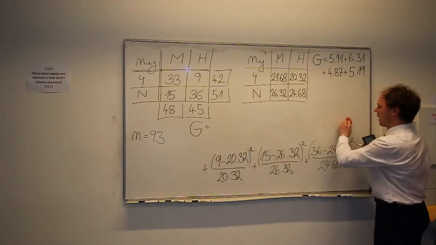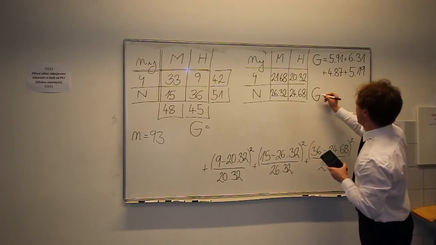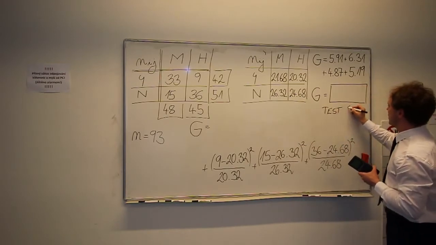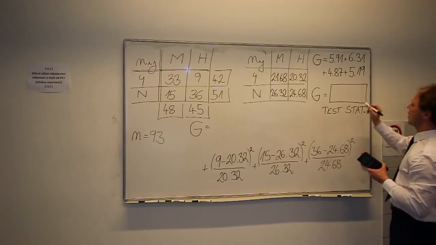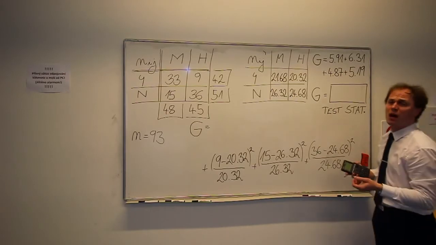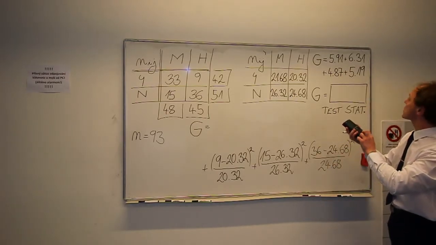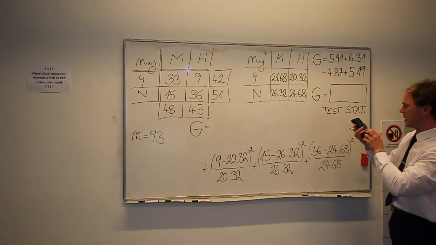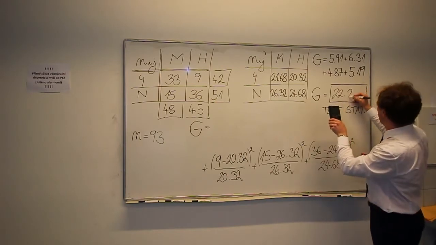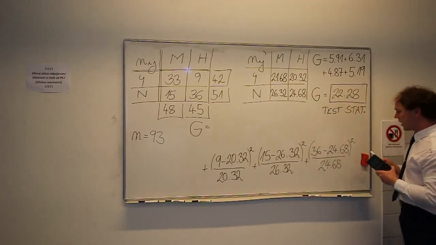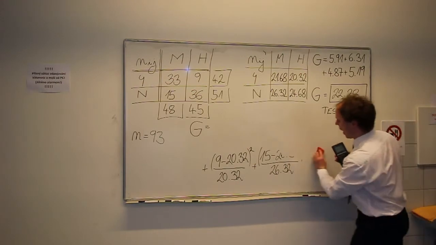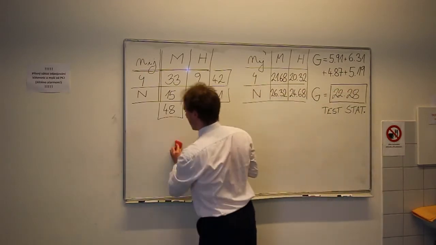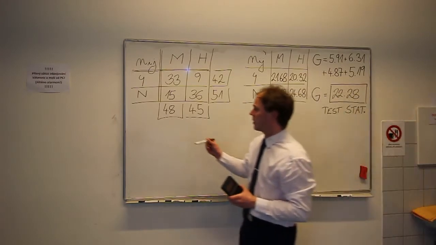The value of G is equal to, and this will be the test statistic, the calculated value of the test statistic: 5.91 plus 6.31 plus 4.87 plus 5.19 is 22.28. You have already seen this value of G. And now we must return back to the table in your formulas, where we set the null and alternative hypotheses.